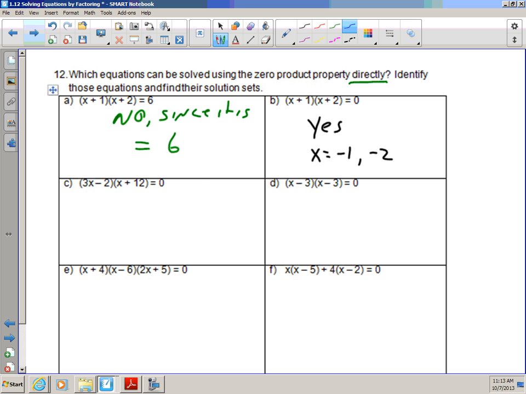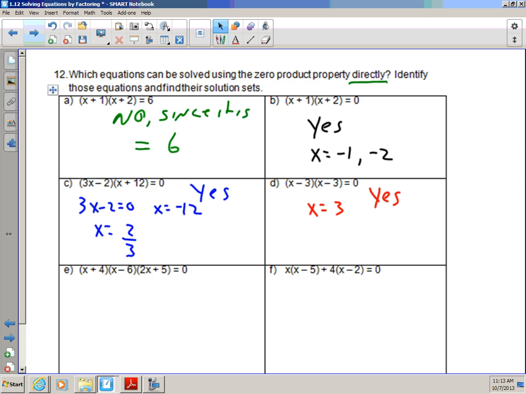This one is yes, and I can see that when I set each one equal to 0, x is 2/3 and x is negative 12. This is also yes, and only one solution since they're the same binomial, which is 3. This is also yes, it's set equal to 0, and I have three solutions, negative 4, positive 6, and negative 5/2, setting each parenthesis equal to 0.